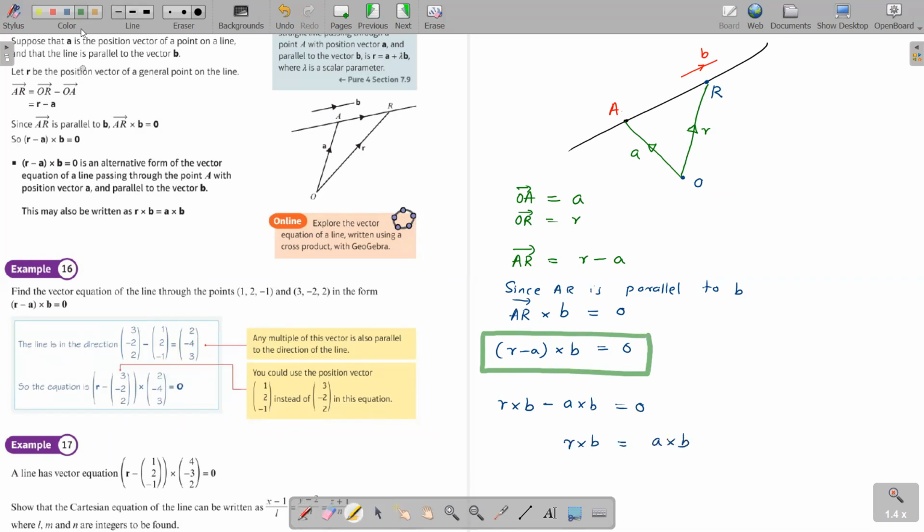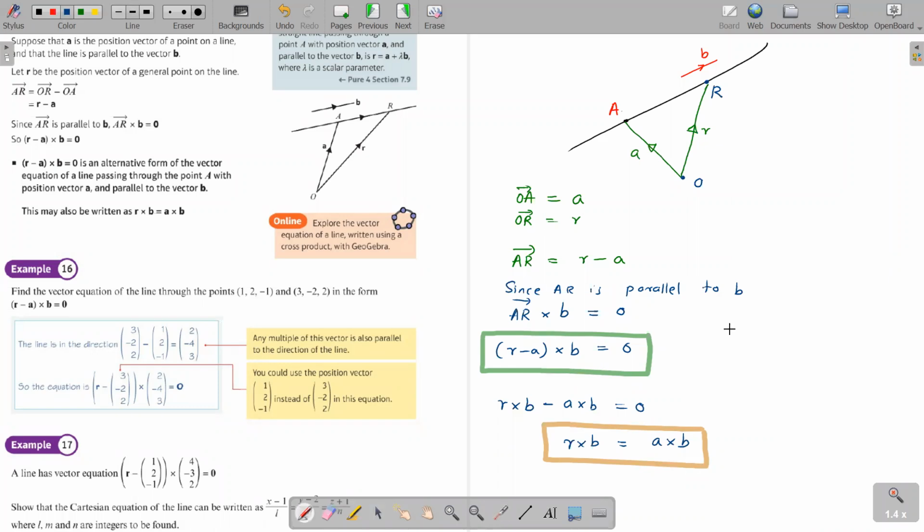So r cross b equals a cross b is another format to give the equation of a straight line, while (r minus a) cross b equals 0 is the alternative. Both of these are used, but more widely we use the first one, r minus a cross b equals 0. The moment you see it, you know it's a straight line, and you know that the first vector inside the bracket, a, is a position vector on the line and b is the direction vector.